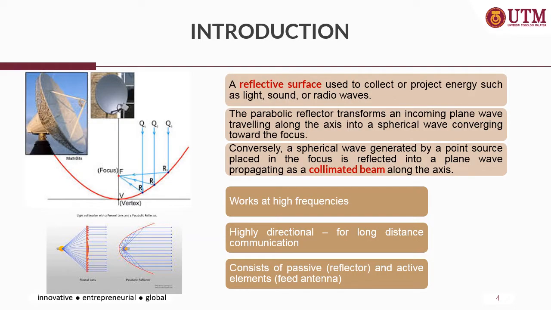So what is the reflector antenna? So the geometry includes passive or parasitic elements and also active elements, where the active element is where the antenna is fed, the feeder point, while the passive or the parasitic element is the dish itself or the parabolic itself.